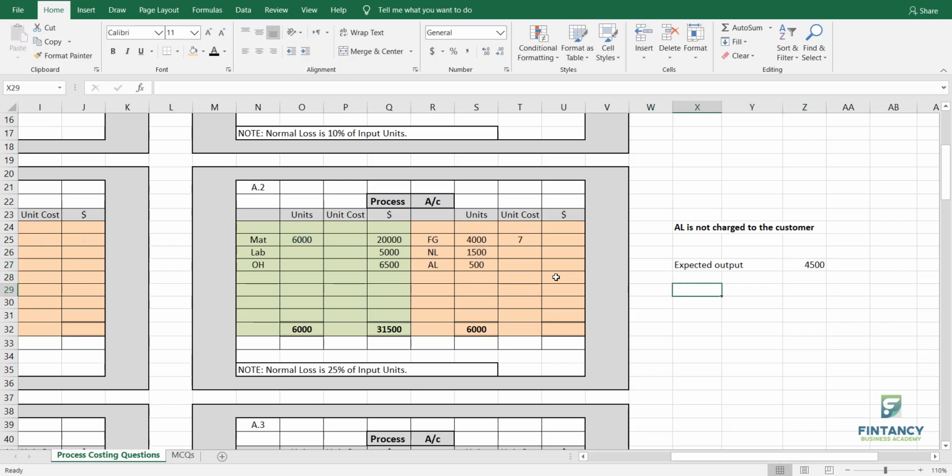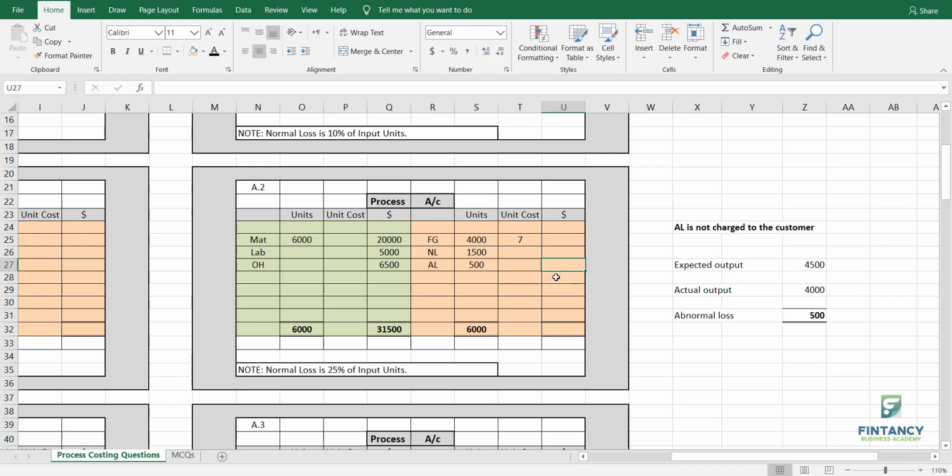How much is actual output? Actual output is 4,000, right? So it means there is abnormal loss. I hope you got the point.